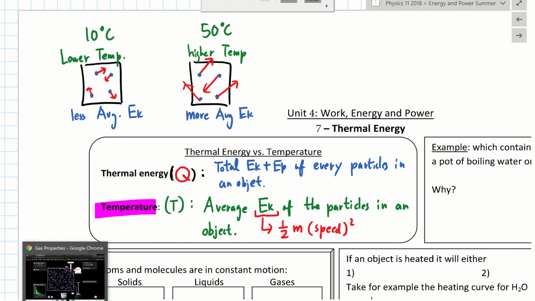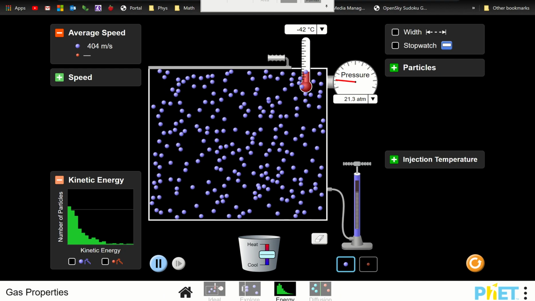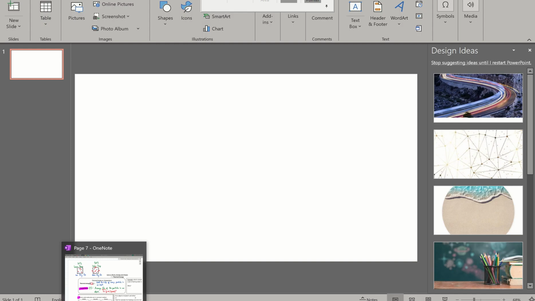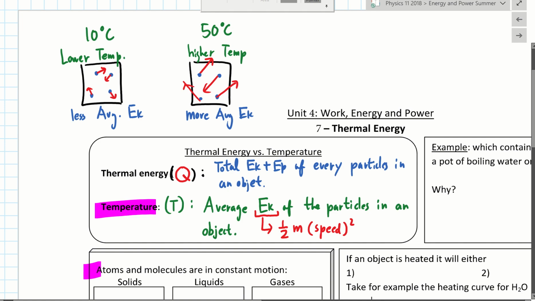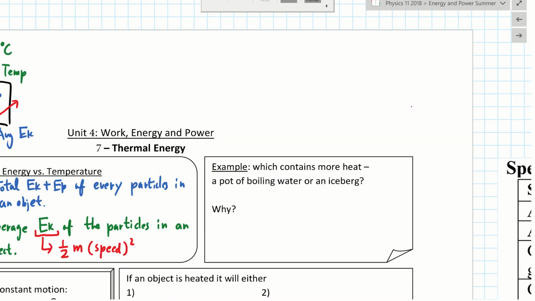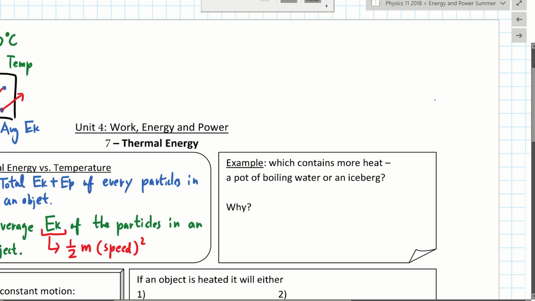Okay, so that is for this simulation. So let me just turn it off. Okay, so, but for example, which contains more thermal energy? For example, a pot of boiling hot water or an iceberg.